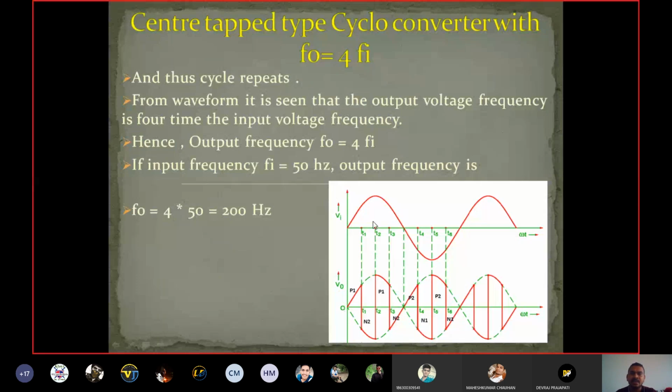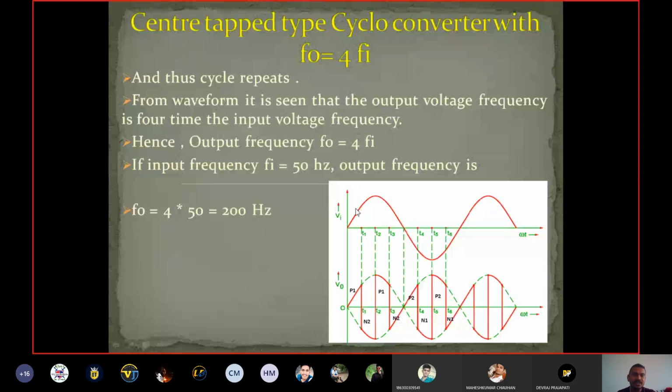Okay, now from this waveform it is seen that the output voltage frequency is 4 times that of the input voltage. Okay, and if we want to change the output voltage, then we have to change the firing angle of the thyristor. Okay, this is the change in frequency from input to output.